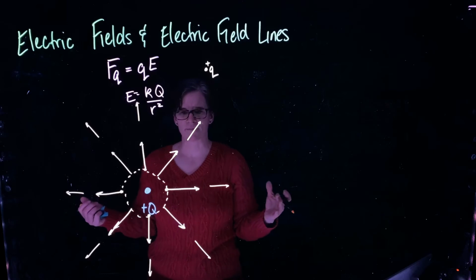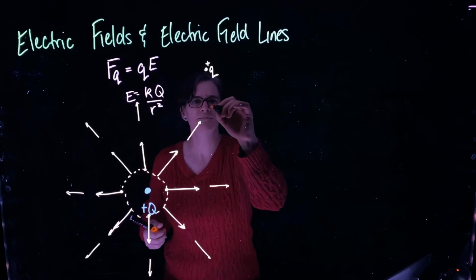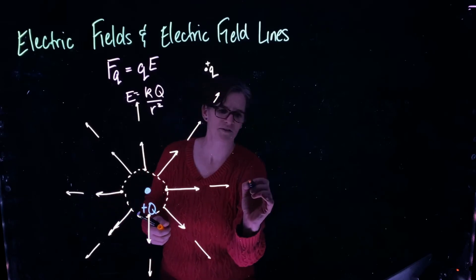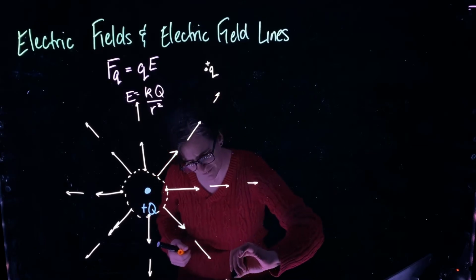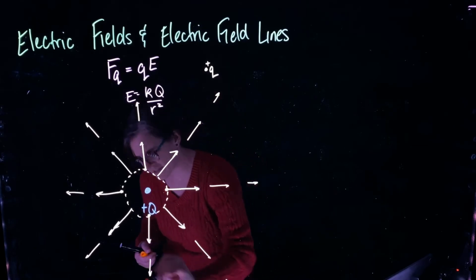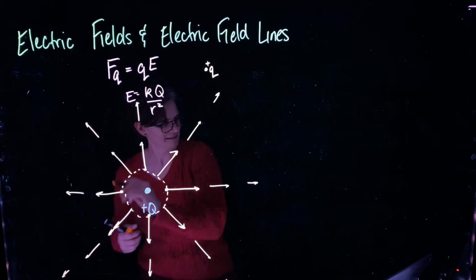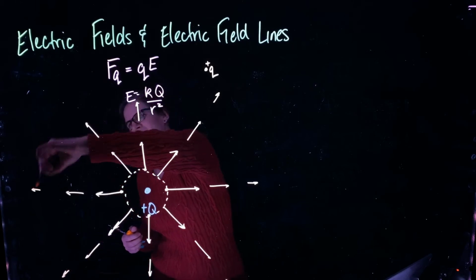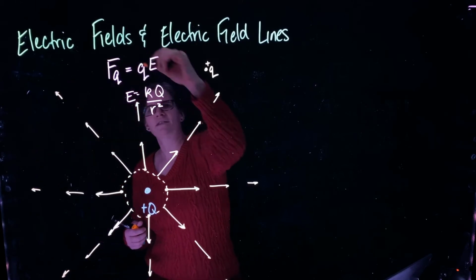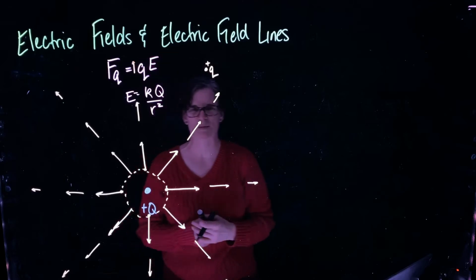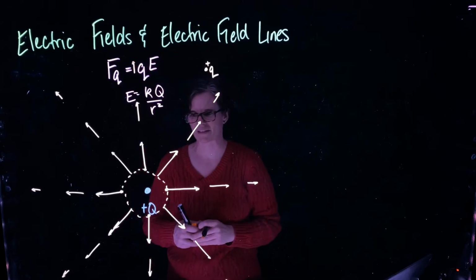I'm further away. And if I go even further out, the strength of that force is going to be smaller as my radius increases, as a result of the electric field being smaller as my radius increases.